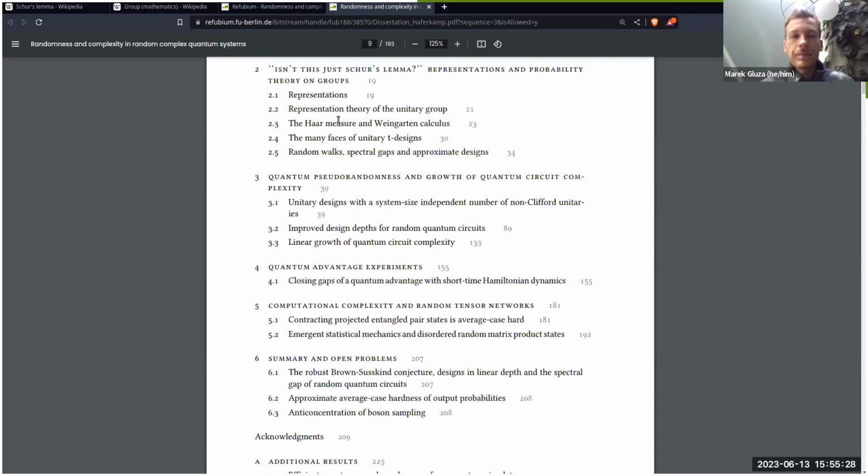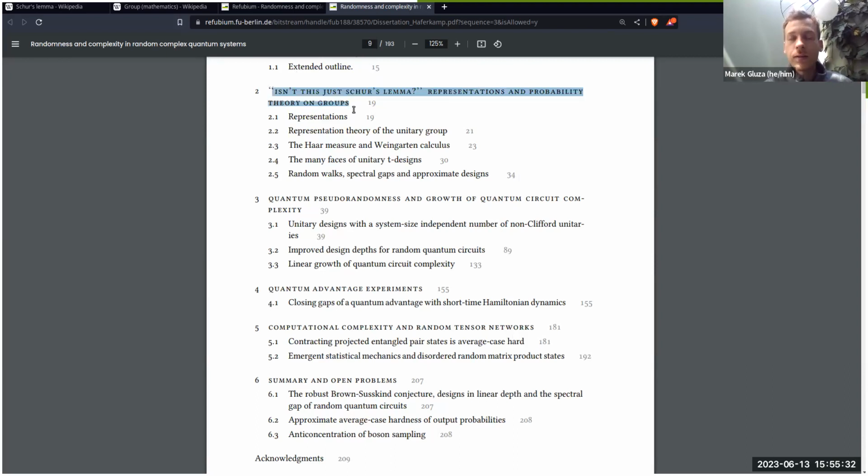And Jonas is using all of this stuff from group theory to derive physics results. So, for example, considering quantum advantage for some Hamiltonian dynamics, you can use probably some group theory here. Linear growth of quantum circuit complexity, this is all group theory.